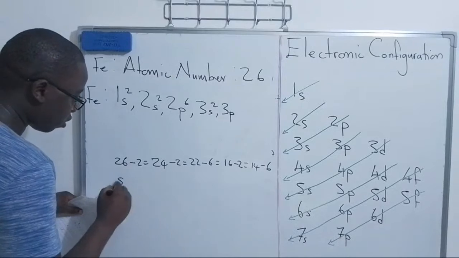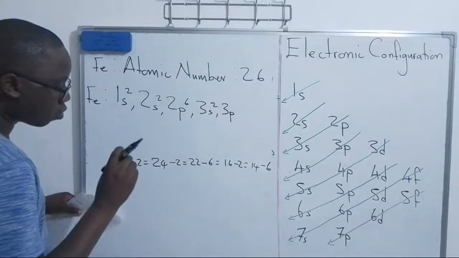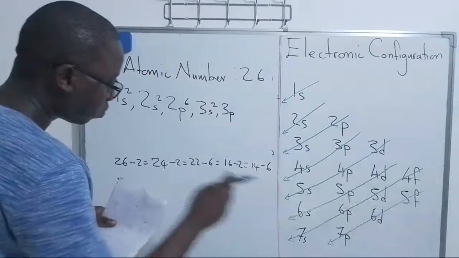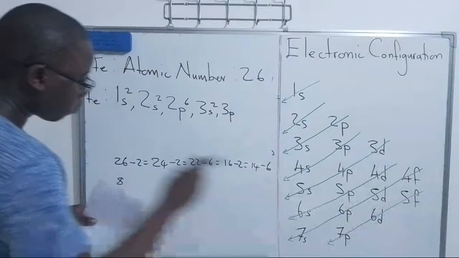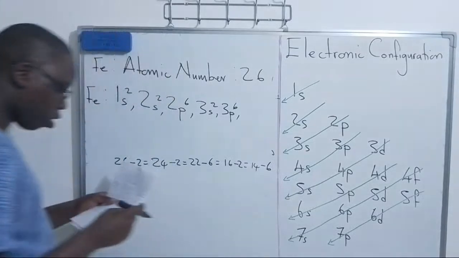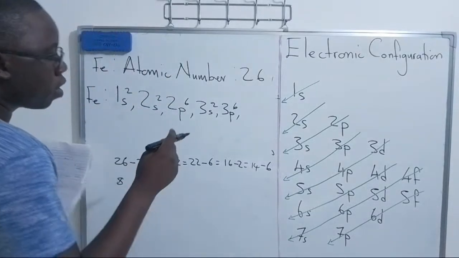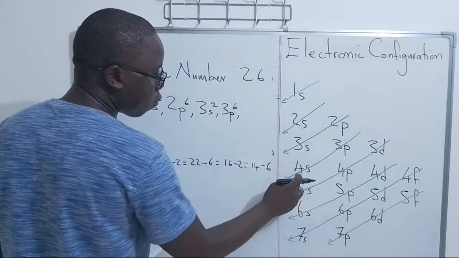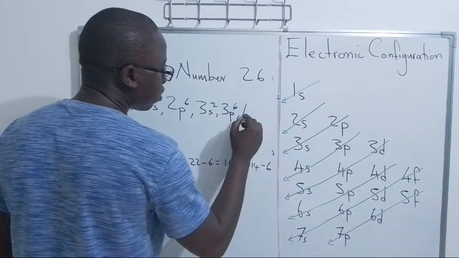So 8 electrons are the remaining electrons that we have. So if those are the remaining electrons, the 6 will be put here. Then you say comma. Then from 3p, the next is 4s.